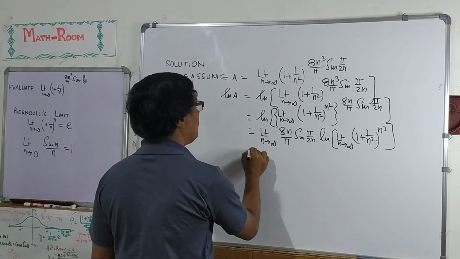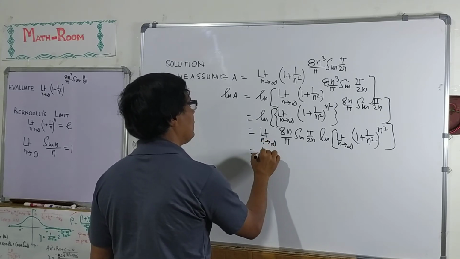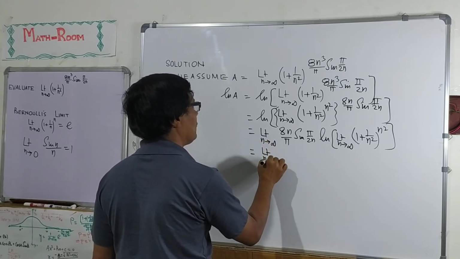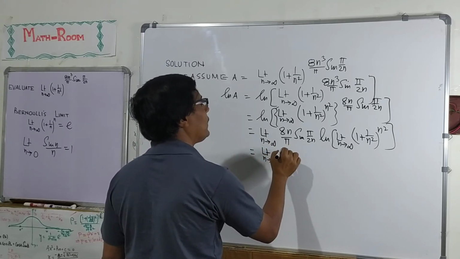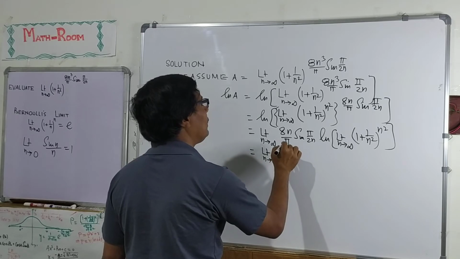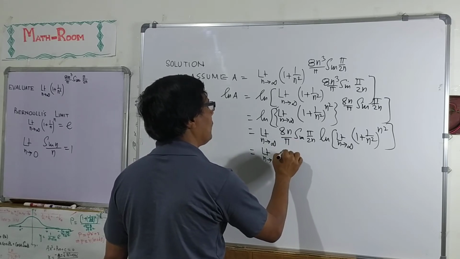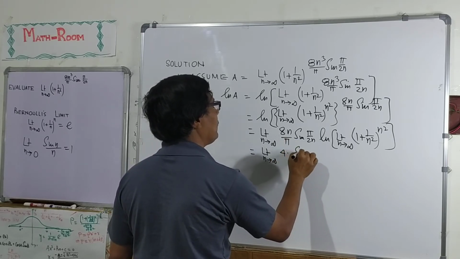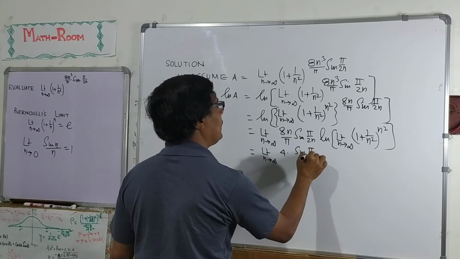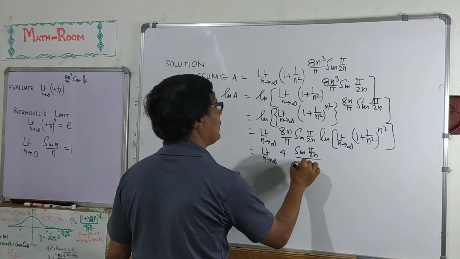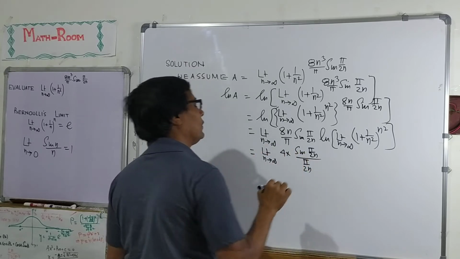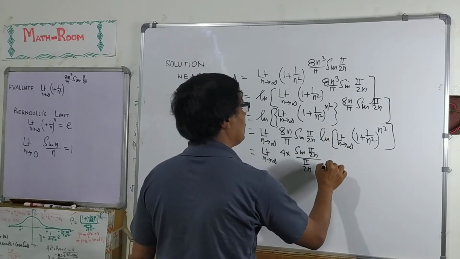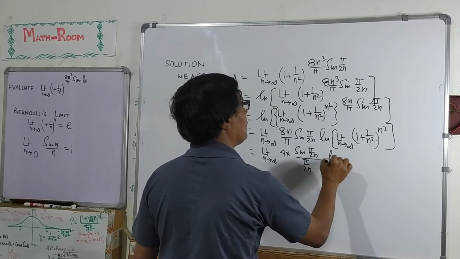Now we can also write limit n tends to infinity 4 into sin pi over 2n over pi over 2n, into the logarithm.